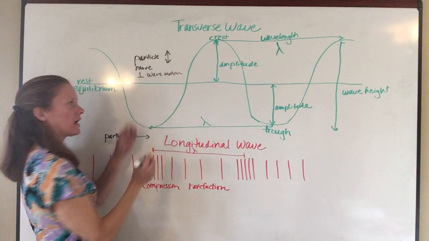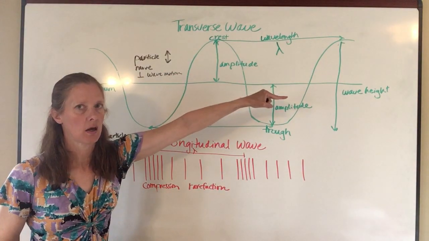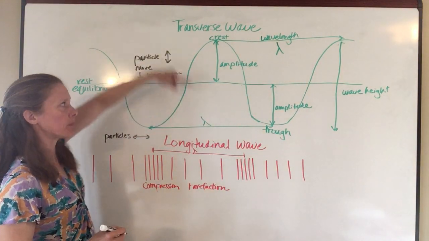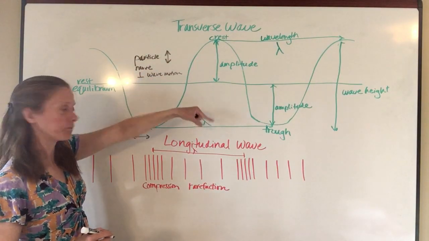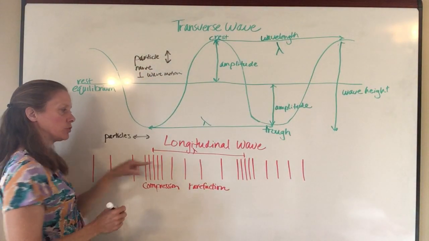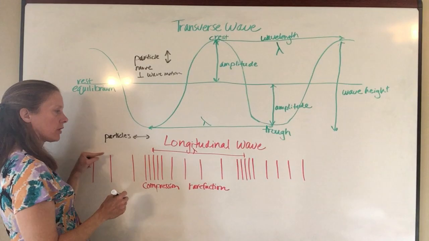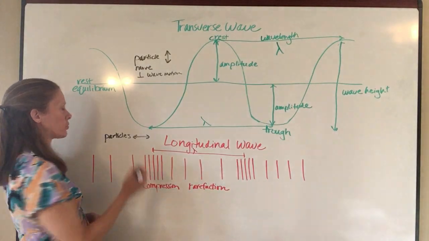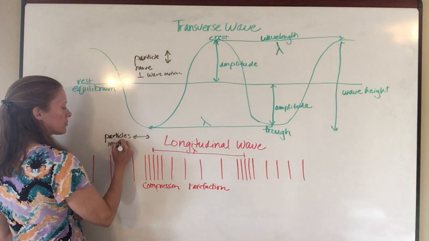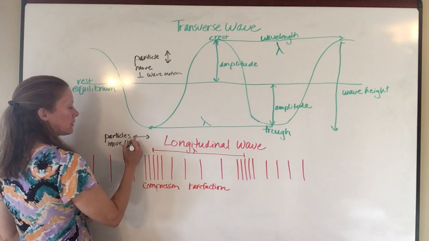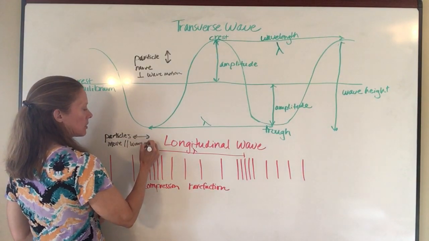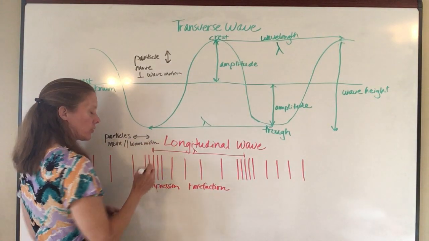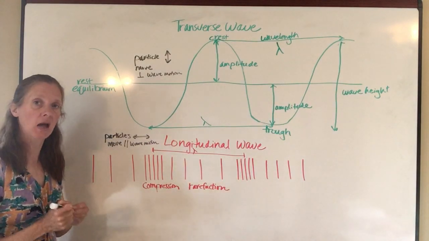So if the wave is going this way, the particles are going to bounce up and down this way. Here, if the wave is moving this way, the particles are going to move back and forth this way. So here, the particles are going to move parallel to the wave motion. So again, those are very different from one another, in fact, completely opposite from one another.